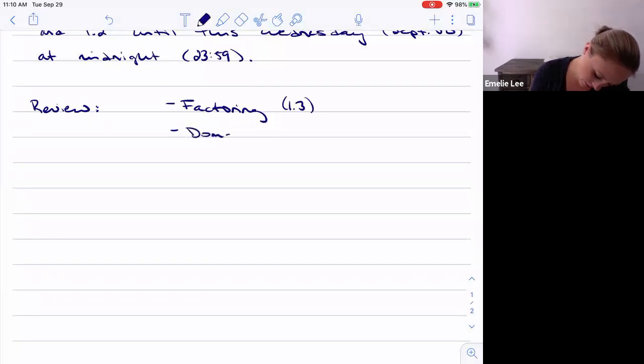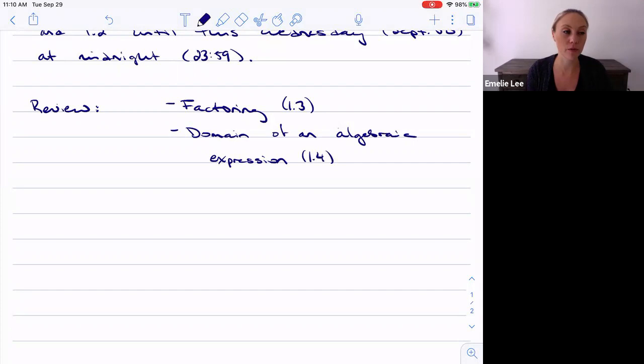And then we talked about the domain of an algebraic expression, which is from the start of 1.4.